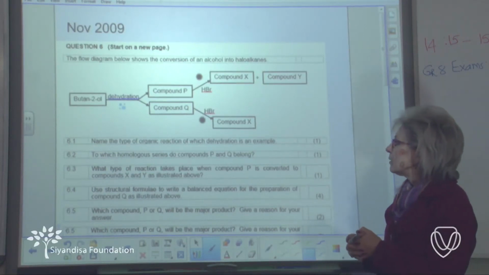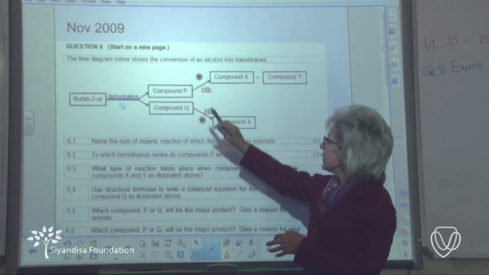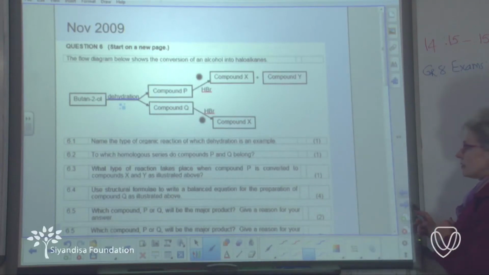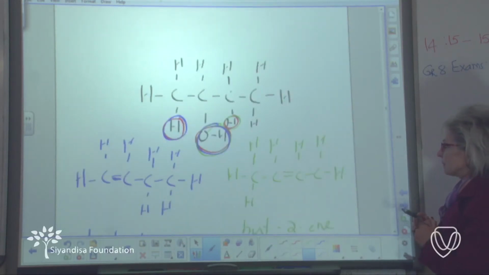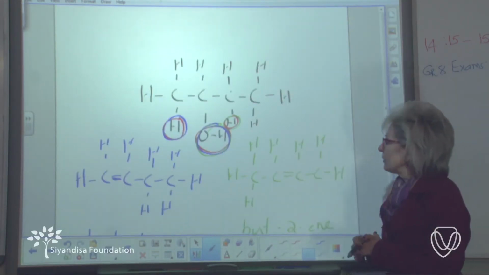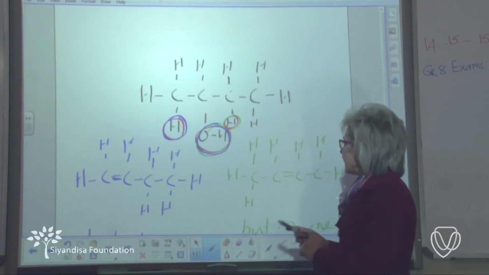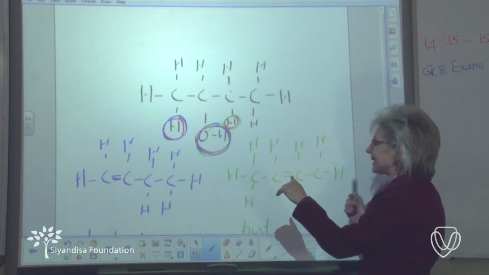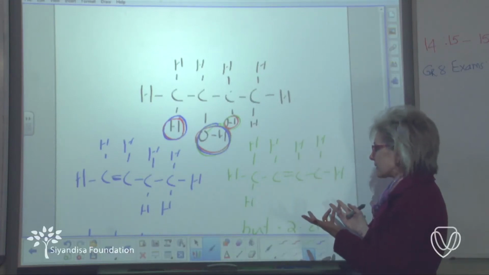What type of reaction takes place when compound P is converted to compounds X and Y as illustrated? Now, if I look at P, I get X and Y after its reaction with HBr. So now I need to look at compound P, and compound P can form 2 products. So if I look at these 2 compounds, I need to add HBr, and I need to get 2 products.